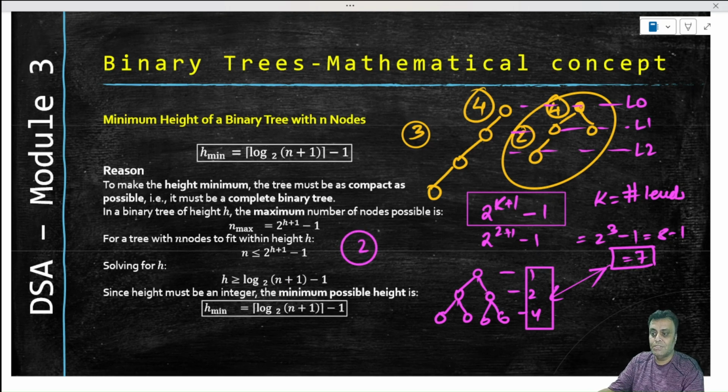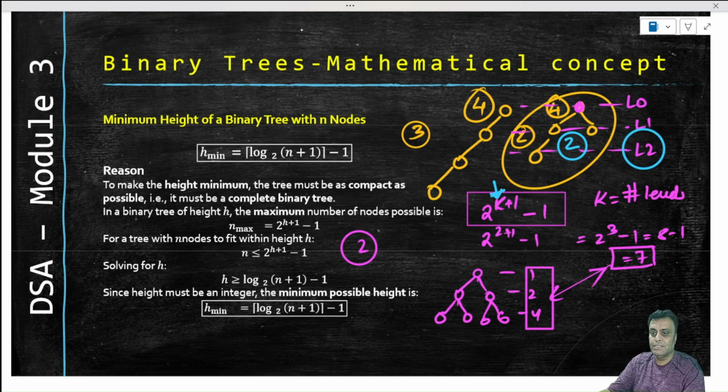So what is the height of the root node? From the root node, if I go down to the longest leaf, how many edges am I taking? 2 edges, see? So can I say the height of this tree is 2? Yes, of course. The height of this tree is 2, and the max level of this tree is also 2. So I can substitute this k with the height also.